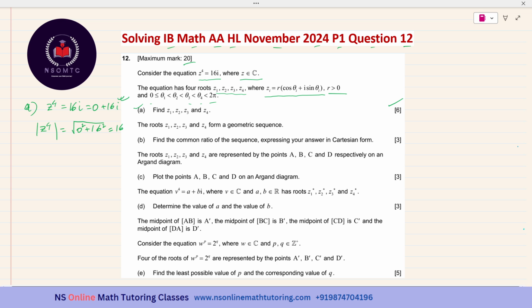If you are confused with the argument, you can just draw the Argand diagram. This is the real axis and this one is the imaginary axis. Suppose we have to plot the complex number i.